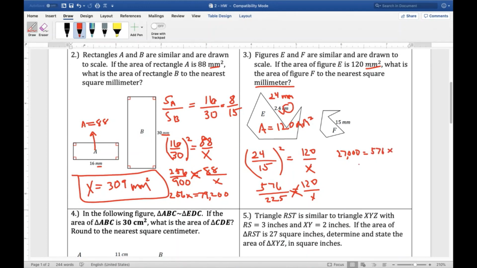We divide 27,000 by 576 and we get 46.875. If we round it to the nearest square millimeter, this would be 47 millimeters squared. This is our area of figure F.